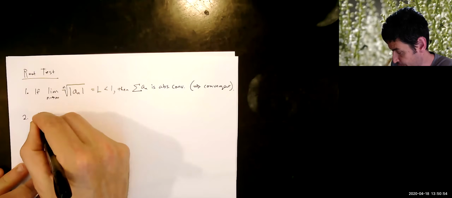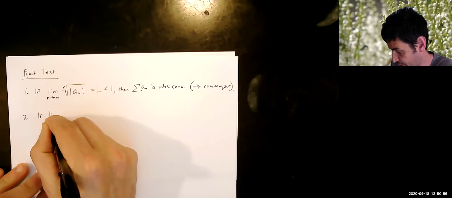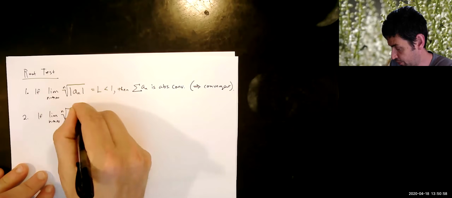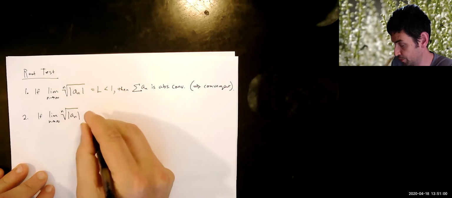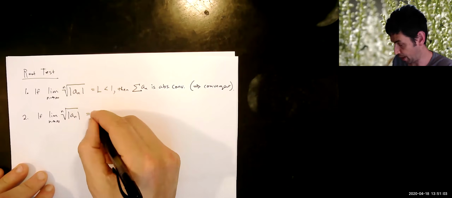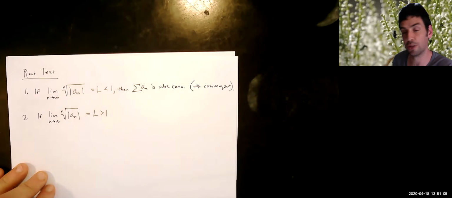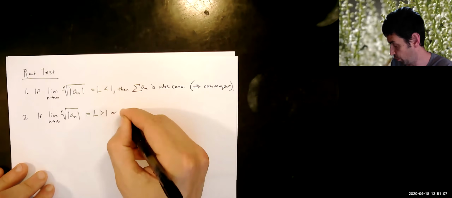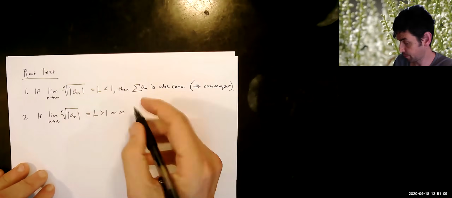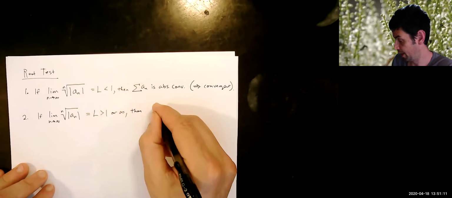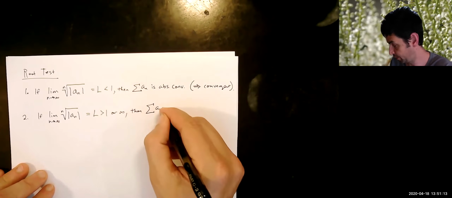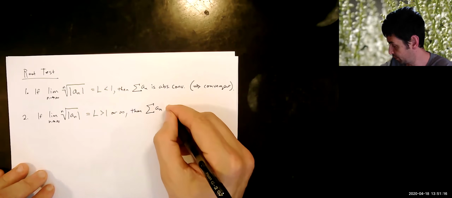So the other 2 parts, if the limit of this thing, this nth root of the absolute value of the terms is equal to L, which is a number which is greater than 1 or infinite, then the series is divergent.